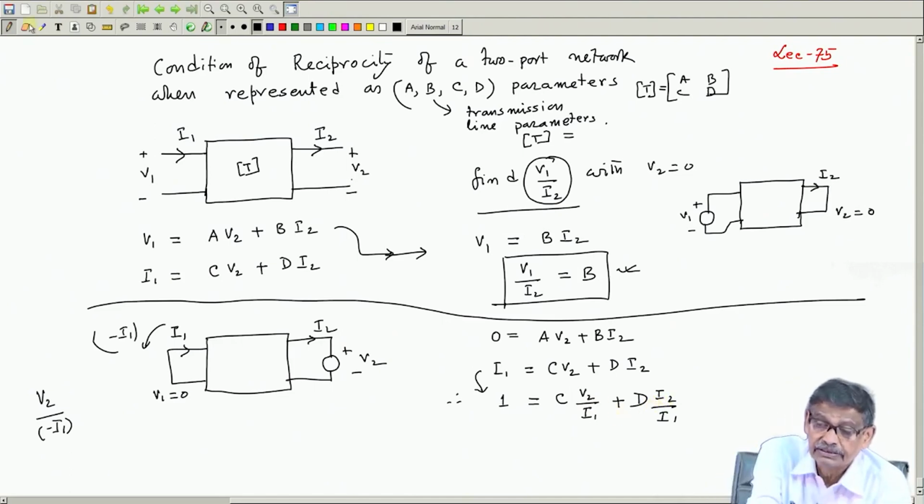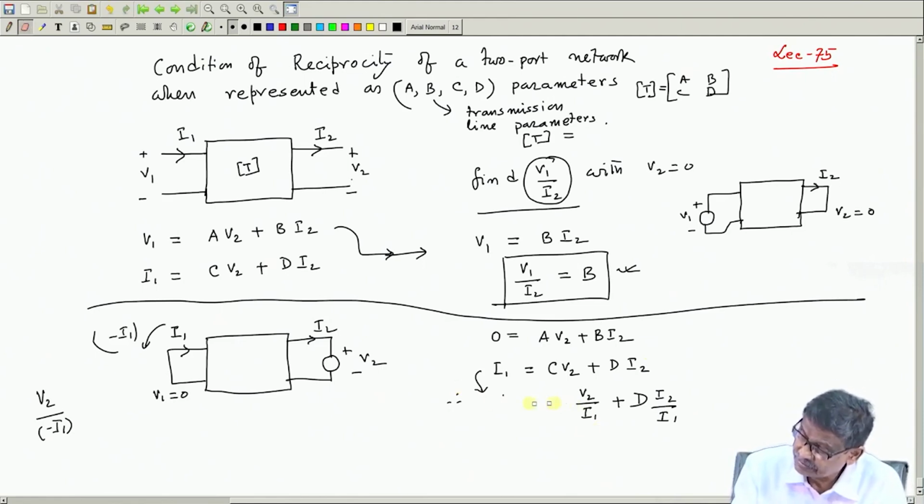So, what I will do is this: instead of dividing first, I will represent this I2. See, in this equation V2 by I1 is necessary.